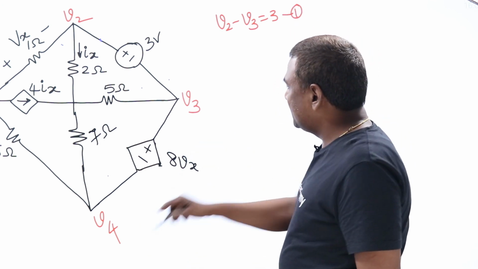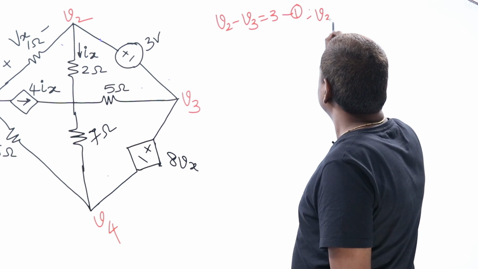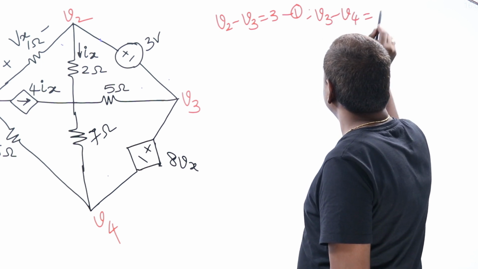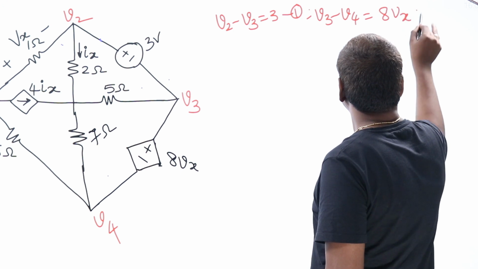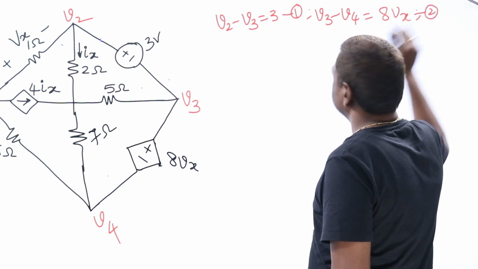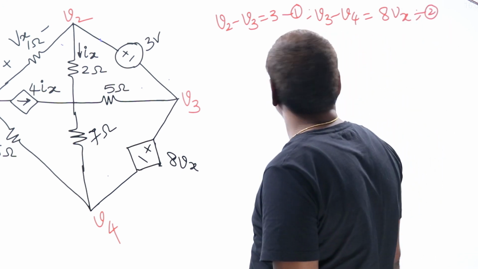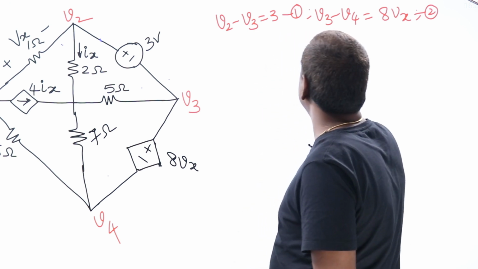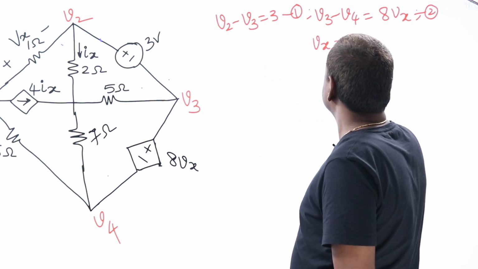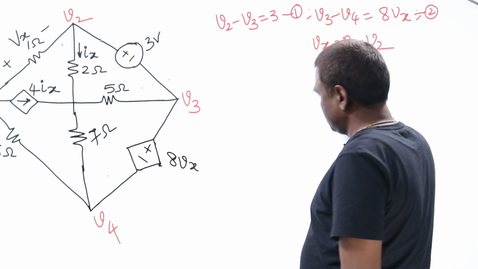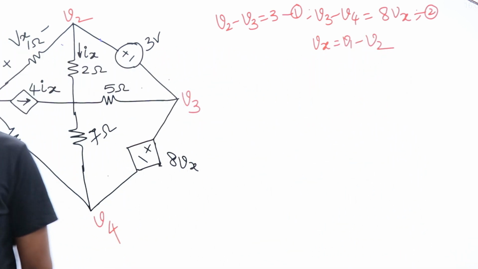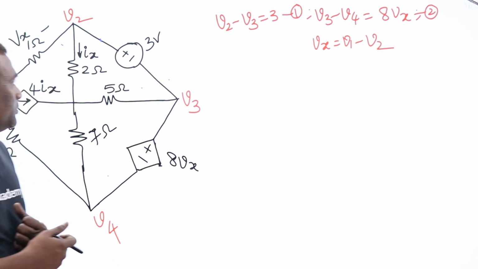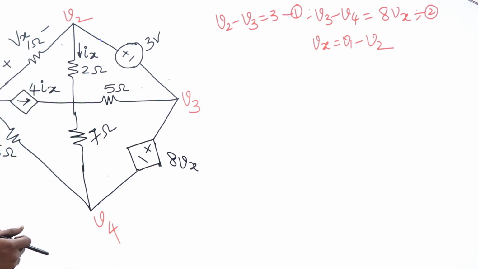And V3 minus V4 equal to 8Vx. This is the second relation. And what is Vx? Vx is nothing but V1 minus V2. Got it, right?